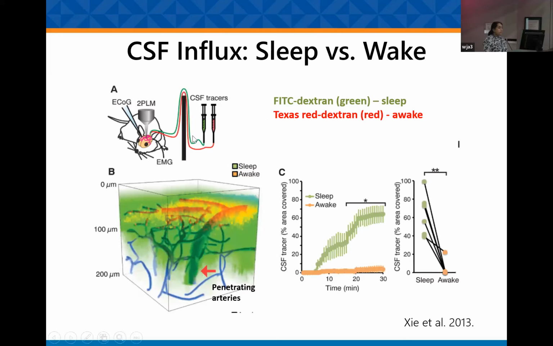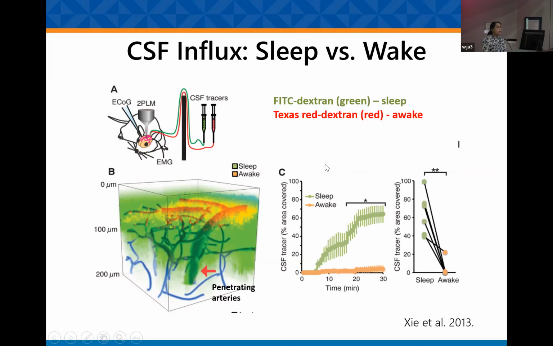So here you have the mouse where they injected the tracers. They first injected FITC dextran while the mouse was asleep. You can see in this picture on the left the penetrating arteries, where the green is diffusing through the brain.